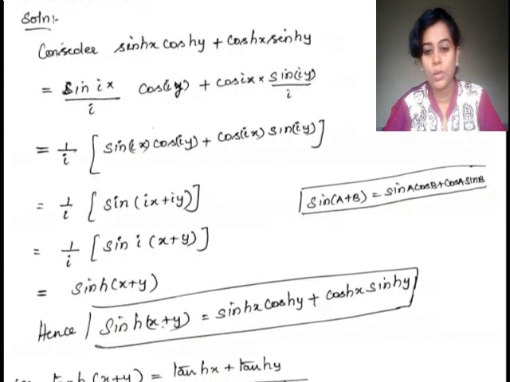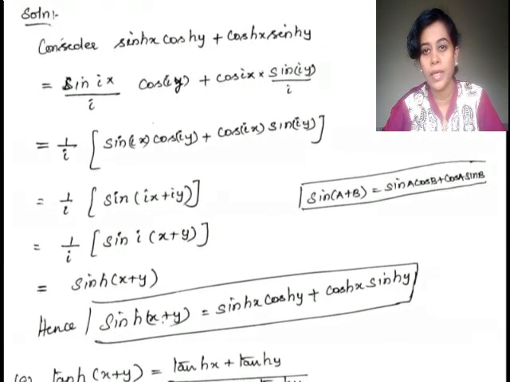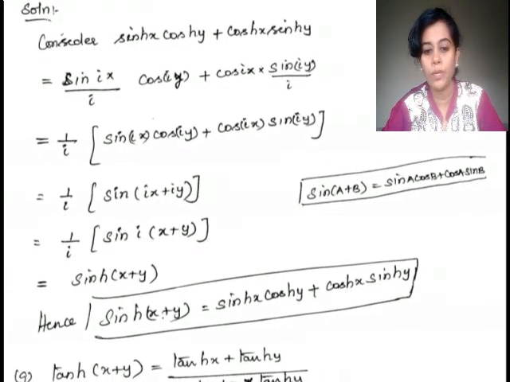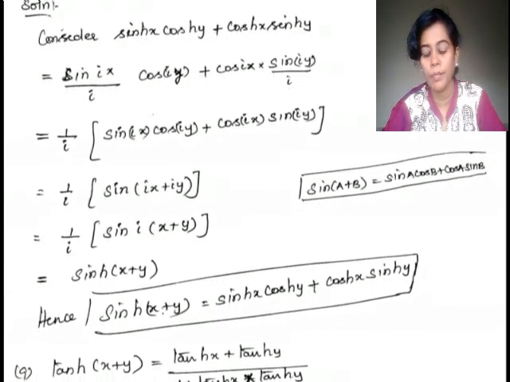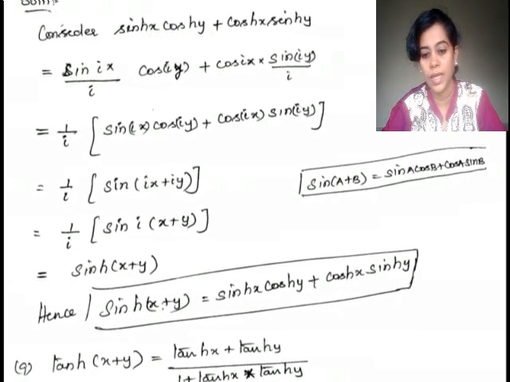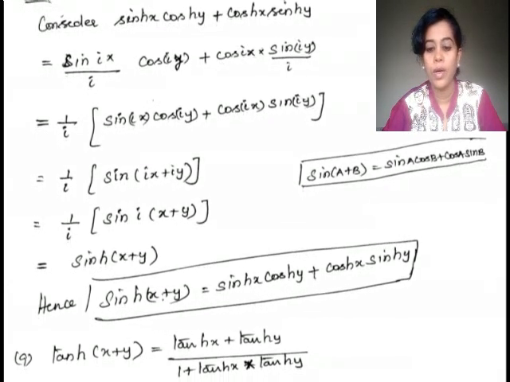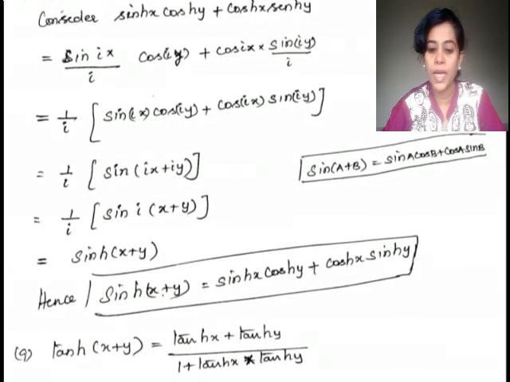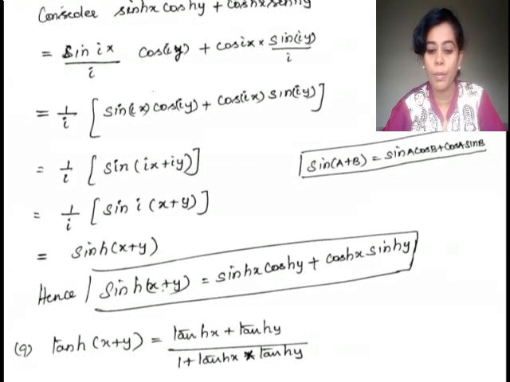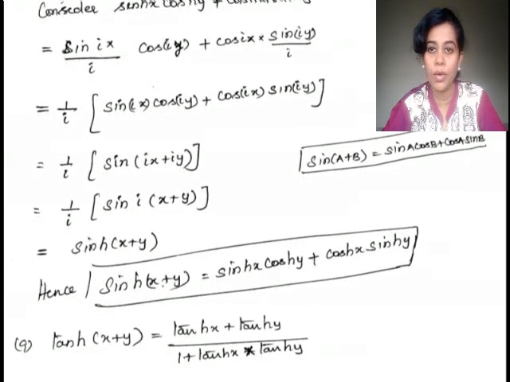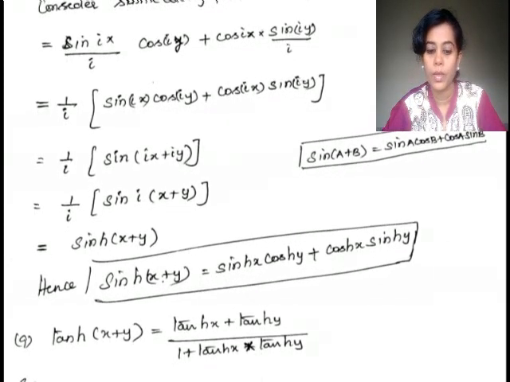And there are two terms, both having the denominator i. So taking i as common, 1 by i of sin ix cos iy plus cos ix sin iy. And this can be written as 1 by i of, look at that, sine a cos b plus cos a sine b. So that I can write as sine of ix plus iy.